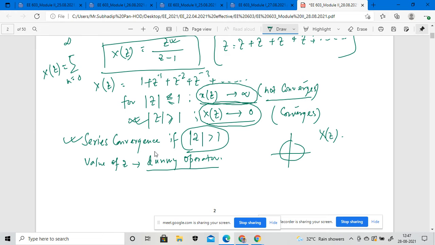So for finding the z transformation of this particular equation, we cannot find the region of z values over which x of z is convergent.